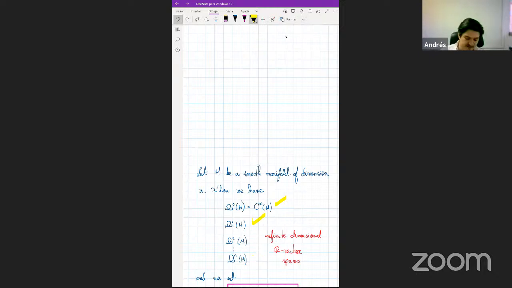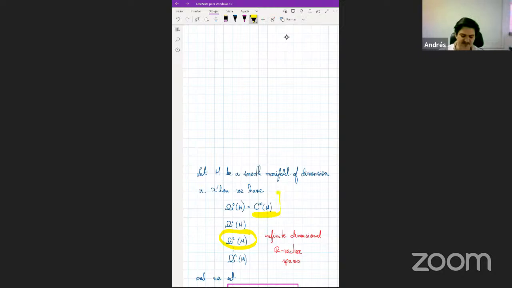Now, if you want another algebraic structure, you can also think of them as a module. Instead of multiplying by a constant, you can multiply by any function.